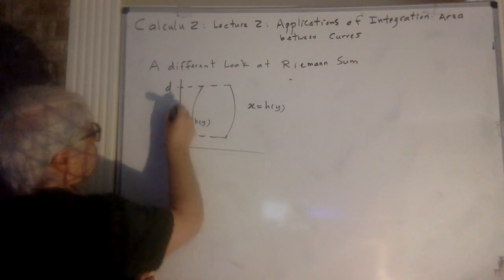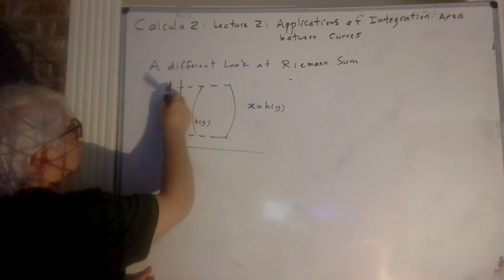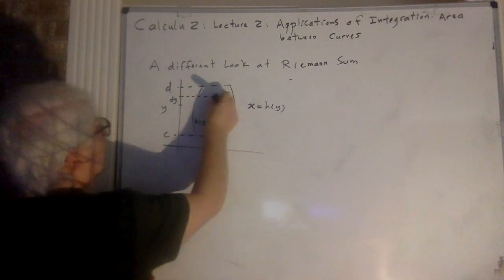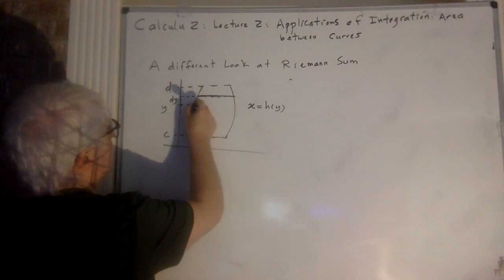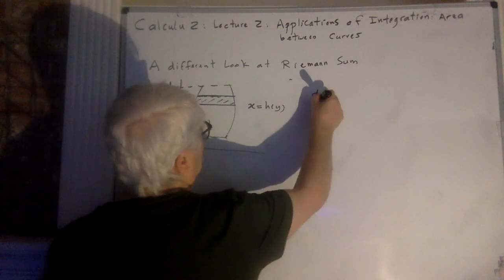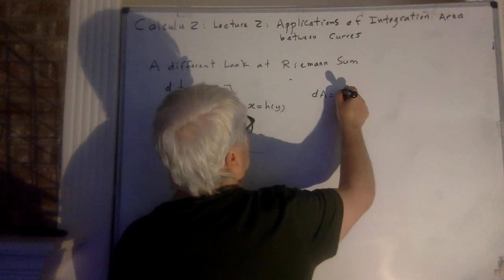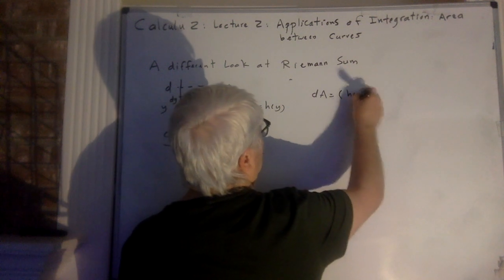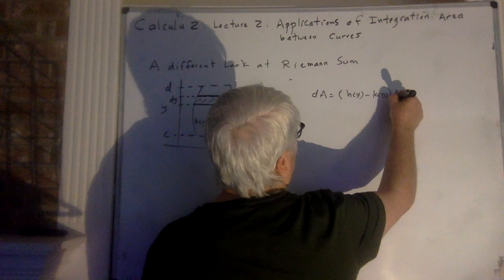And you can guess, if I go up to point y, then up by dy, the differential of area in this situation is in fact h(y) minus k(y) times dy.